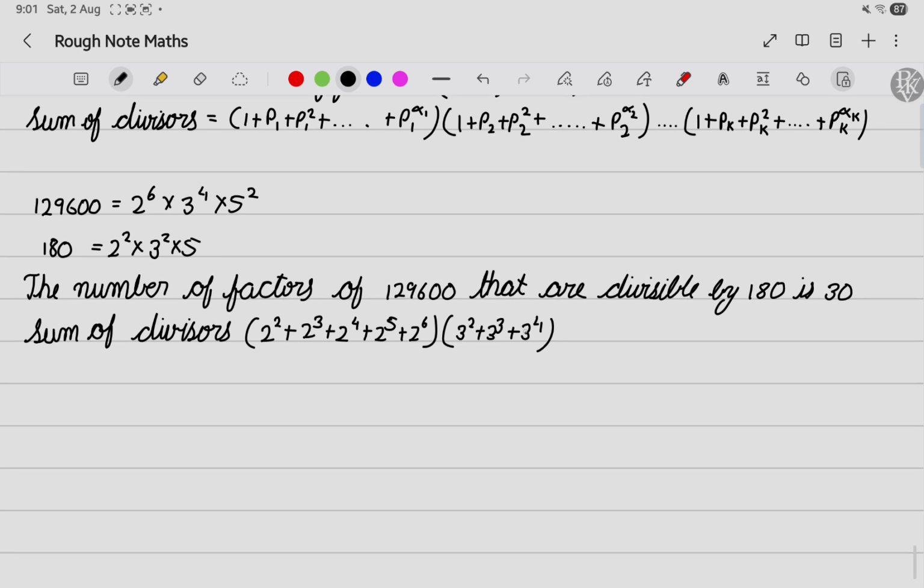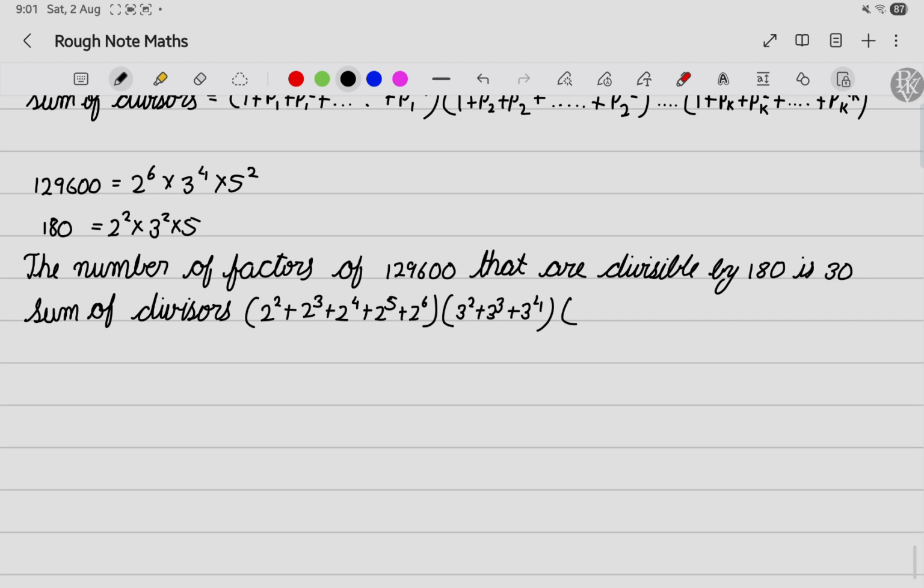And for 5, there is 5 and 5 square. I had to sum this here, okay?